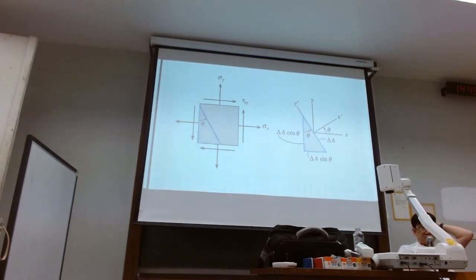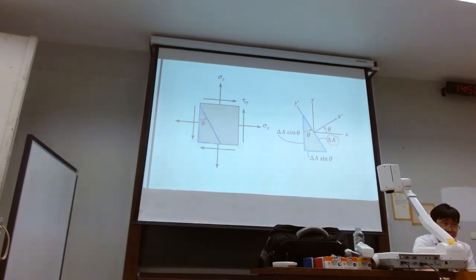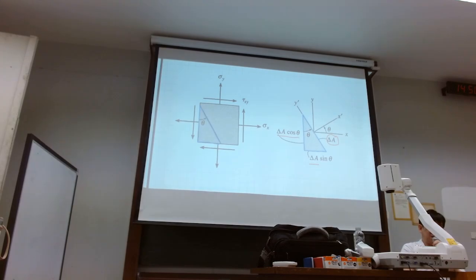Now, in terms of this triangle, the concept is quite straightforward. If you have the area over here as delta A, trigonometry says that the area over here would be delta A sine theta. The area over here would be delta A cosine theta. So the areas are in the ratio of the right triangle that we created in the first place.